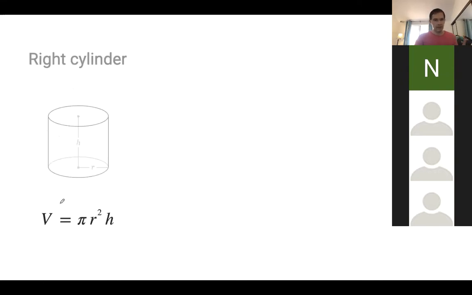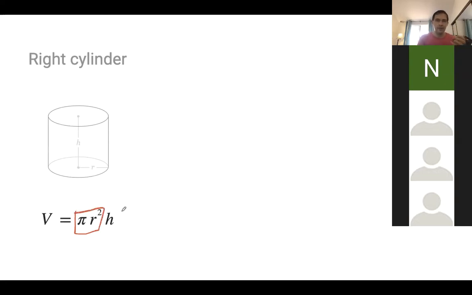And this is a cylinder. So the base of the cylinder is also a circle. It has a height, so all I have to do is I have to know the radius. And notice one thing. So pi times the radius squared.